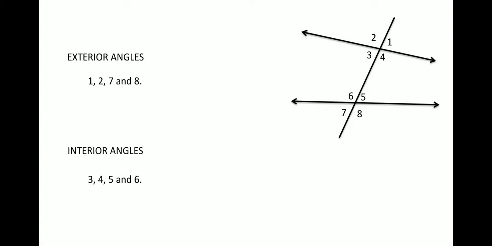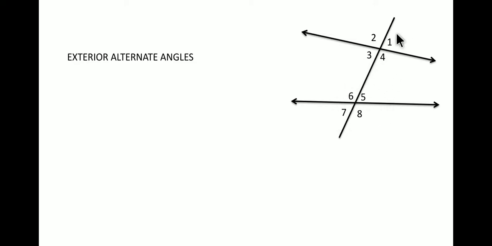Now we discuss the second type, which is called exterior alternate angles. Alternate means one after the other; alternate means it changes. Over here, exterior means outside, so these 1, 2, 7 and 8 are exterior angles. Alternate means one from this side and the other from the other side.